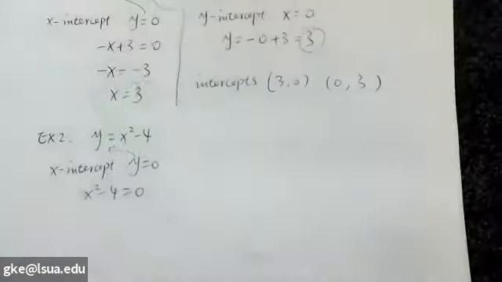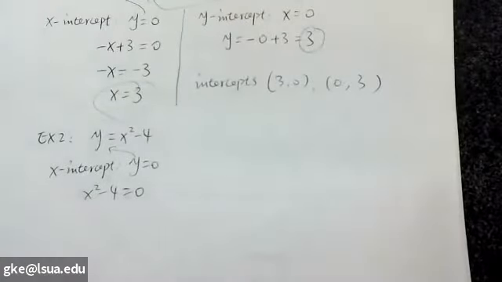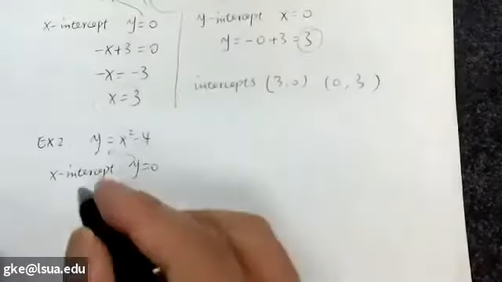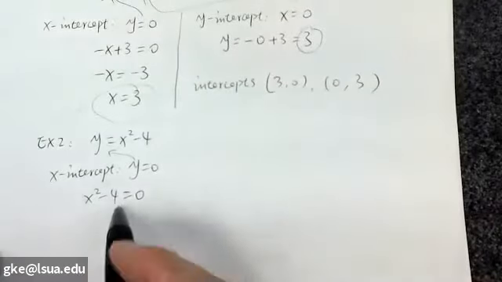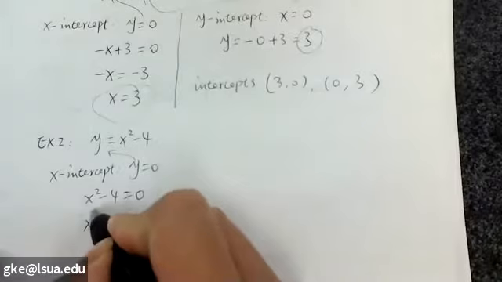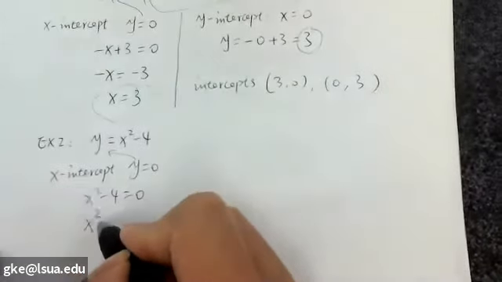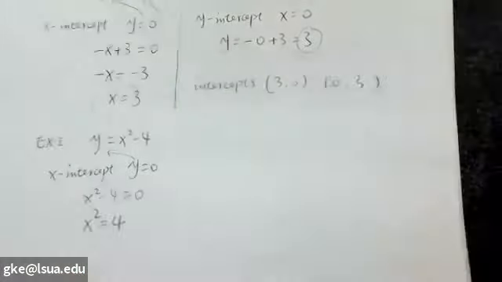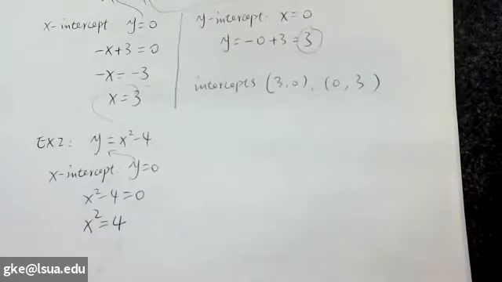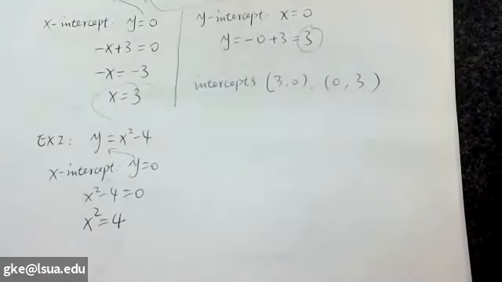For the square root method, we put all the constants on the right-hand side. So x squared minus 4 equals 0 means plus 4 on both sides: x squared equals 4.